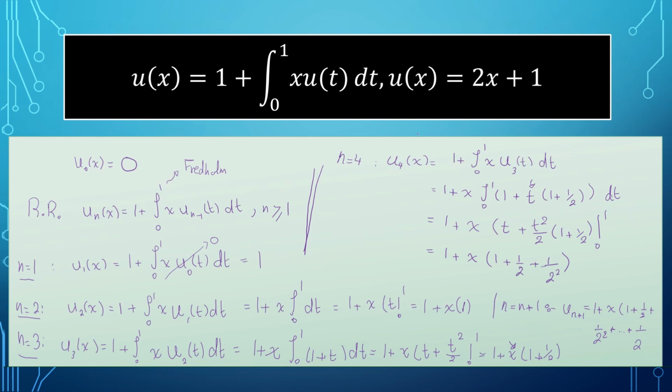It was here raised to 2 when it's 4, so n minus 2. Okay, so it will be n minus 2.